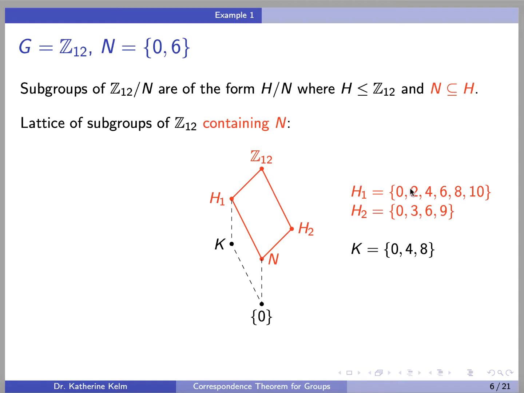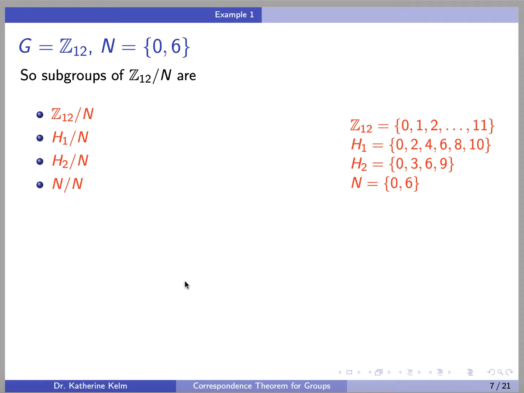H1, the subgroup generated by 2, and H2, the subgroup generated by 3. So, by our little lemma, the subgroups of Z12/N are Z12/N, H1/N, H2/N, and N/N.